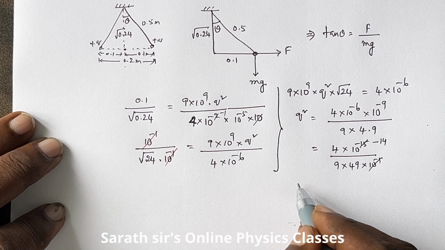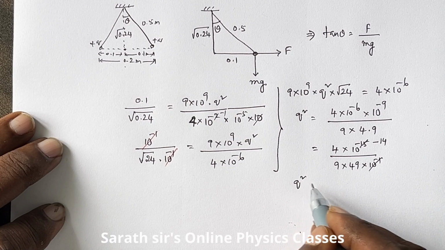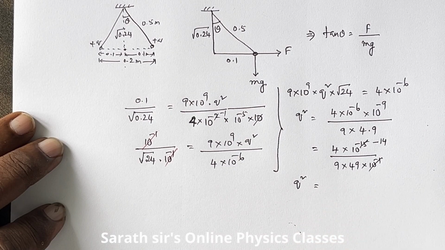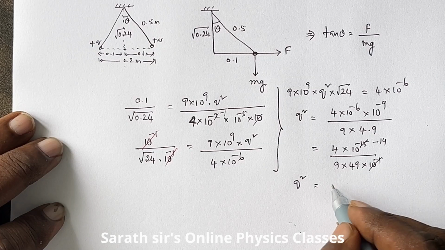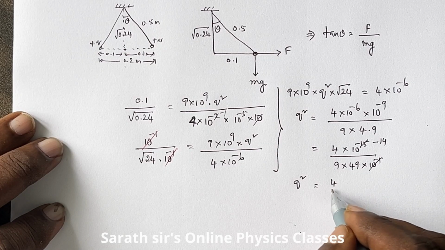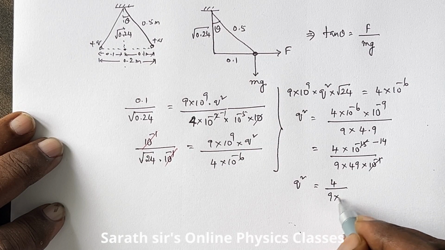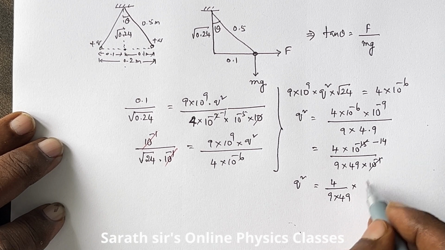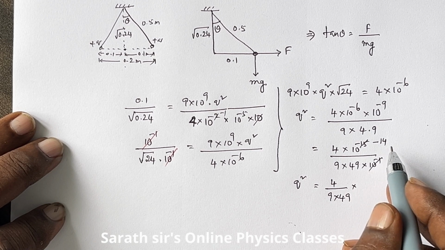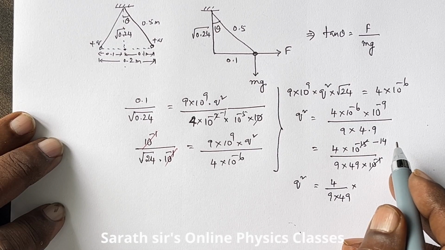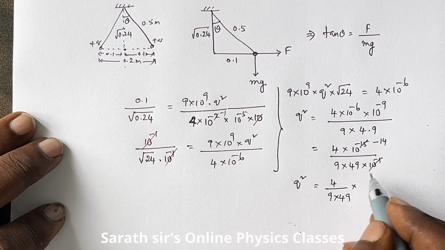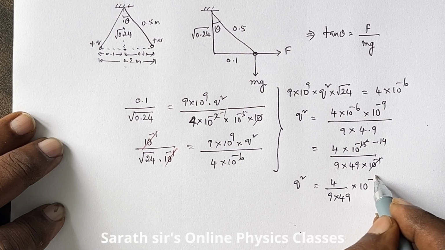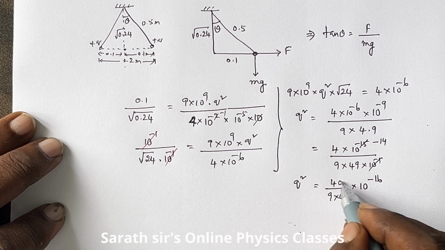So finally q square is equal to 4 by 9 into 49, with 10 to the power of minus 14. Everything we have to see, they must be in squares. If it becomes 16, it is easy to make it a square, so I will write 10 to the power of minus 16 and put 2 zeros.